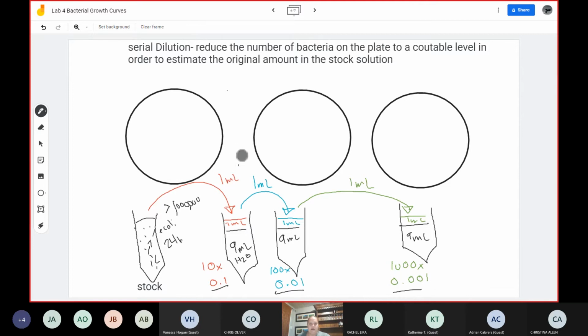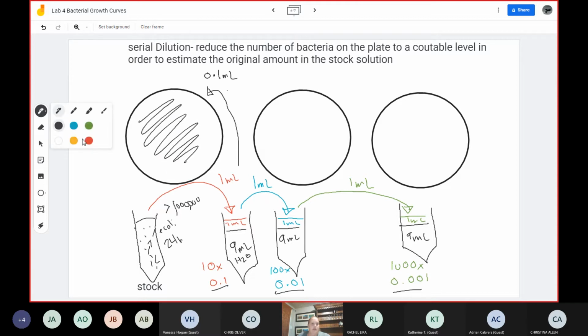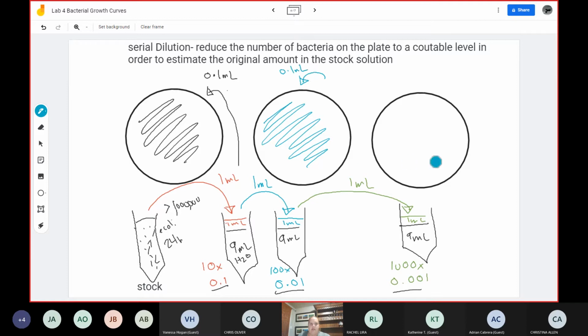We would plate from tube 1 that number that we used on the last slide, the 0.1 milliliters, onto this plate and spread it around. I should have used red on that one because the red's going onto this plate. The blue is going onto this plate. So we would plate 0.1 milliliter of the blue tube onto this plate, and green would go onto this plate.